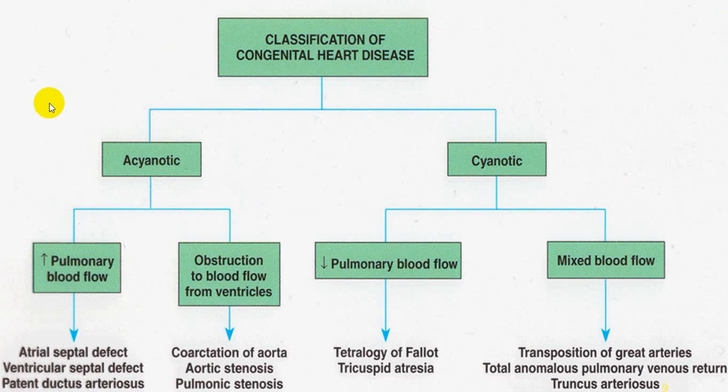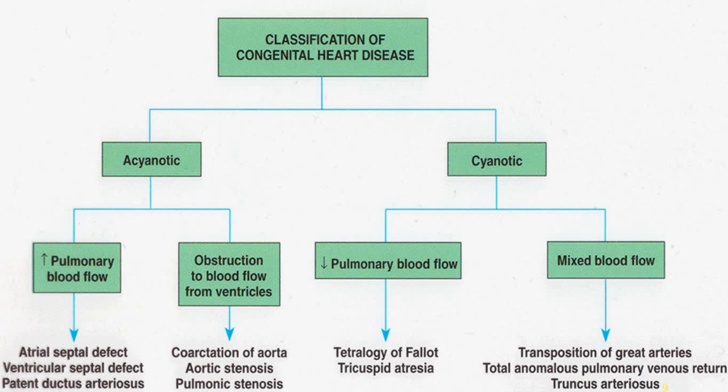So you can divide into acyanotic and cyanotic groups. In acyanotic, with obstruction to the ventricular outflow, there are obstructions like coarctation of aorta, aortic stenosis, pulmonary stenosis, and with increased blood flow, like ASD, VSD, PDA, and atrioventricular canal defects.